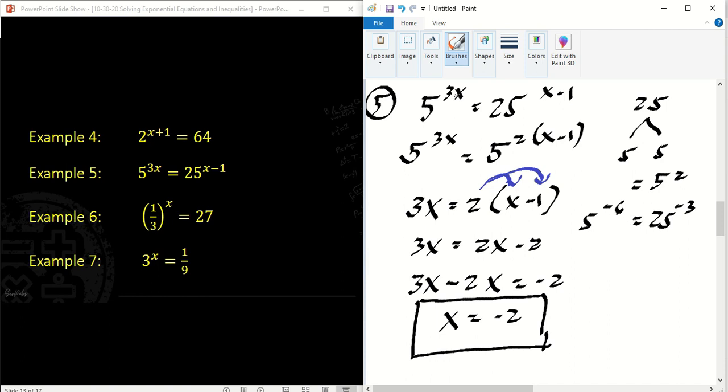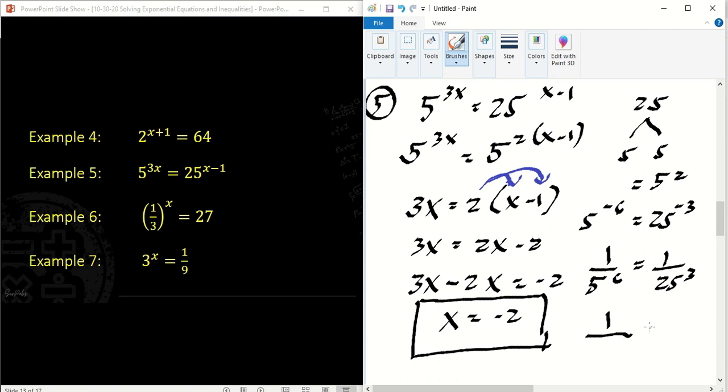So, nakuha yung negative 6. So, nilagay ko dun kay x eh. 3 times negative 2. Negative 6. Yung 25 naman, negative 2 minus 1, negative 3. So, that will be 1 over 5 to the 6th. Okay. Reciprocal tayo. Is equal to 1 over 25 to the 3rd.